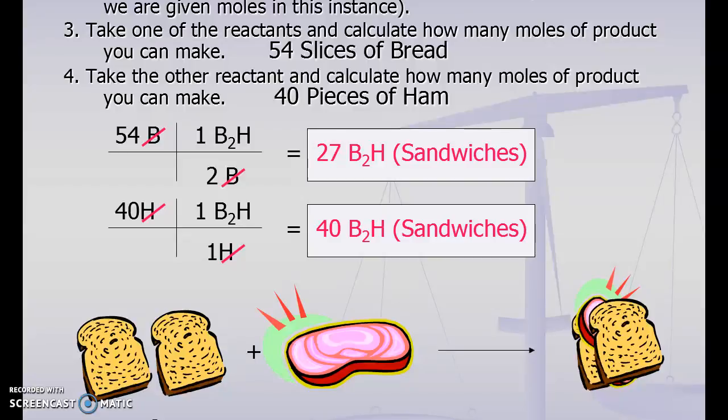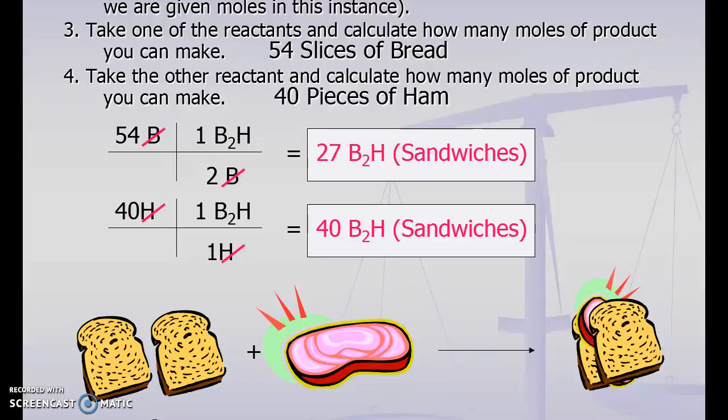Now here's our last thing we want to do: who limits the amount of sandwiches we can make? The bread does, right? We can only make a maximum of 27 sandwiches with the amount of bread that we've been given to work with, but we have the potential of making 40 sandwiches. The problem is we ran out of bread. So we'll never make 40 sandwiches.